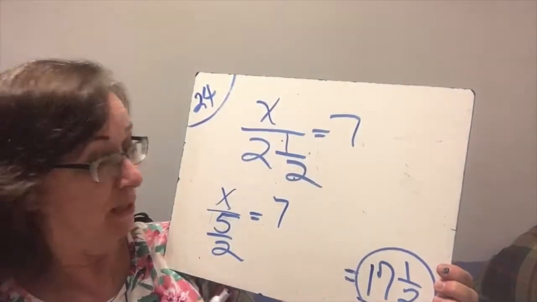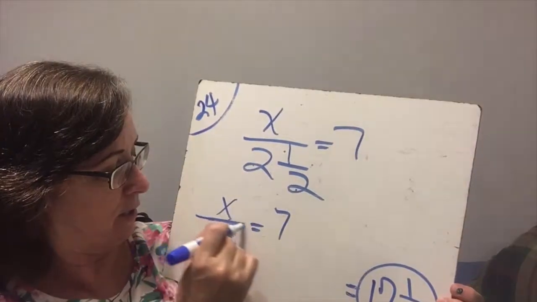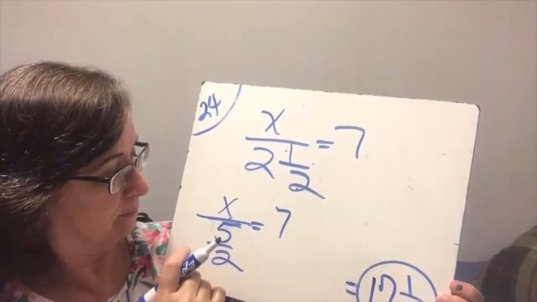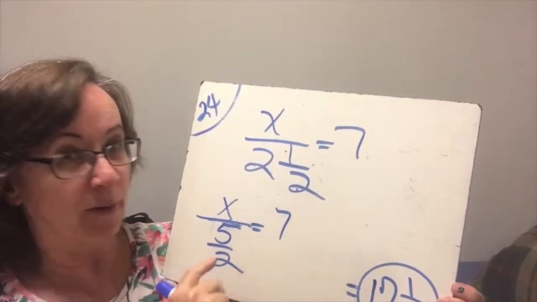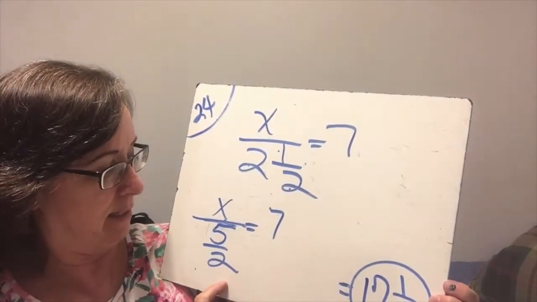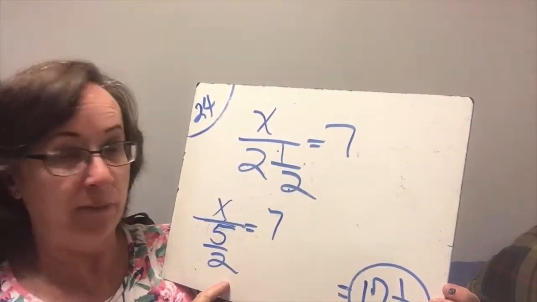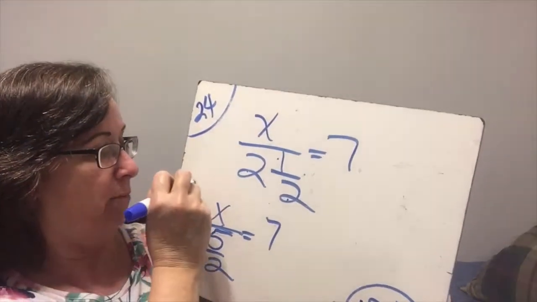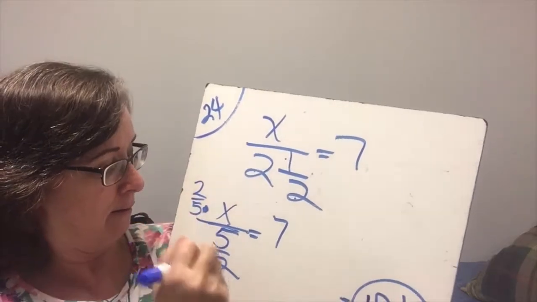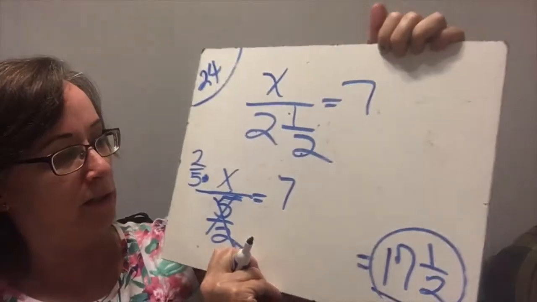Okay, so a little bit longer way to do it would be, we're going to end up rewriting this. And when we rewrite this, it's going to be division by 5/2 is the same thing as multiplication by 2/5. Okay, so we could put it in that form first.